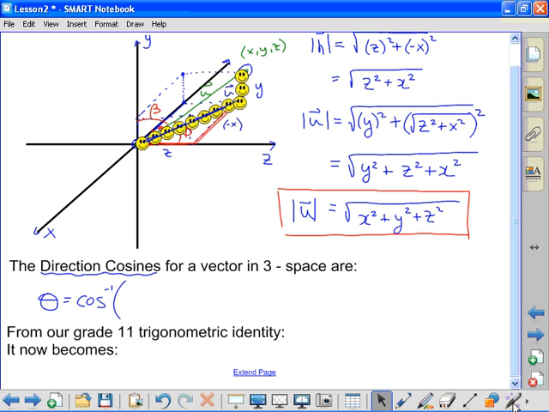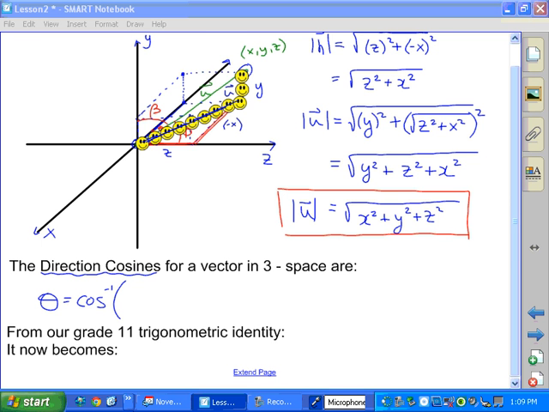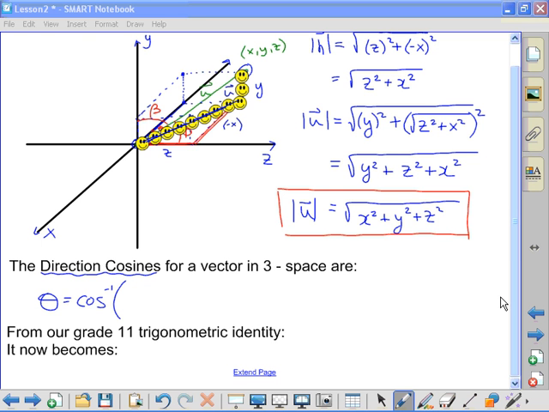We know our value along the x-axis because it's adjacent over hypotenuse. So it will be our x value over the magnitude of the vector.